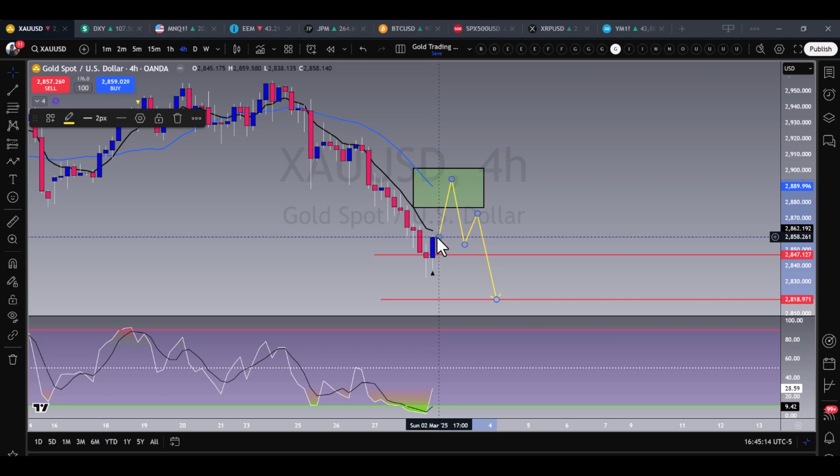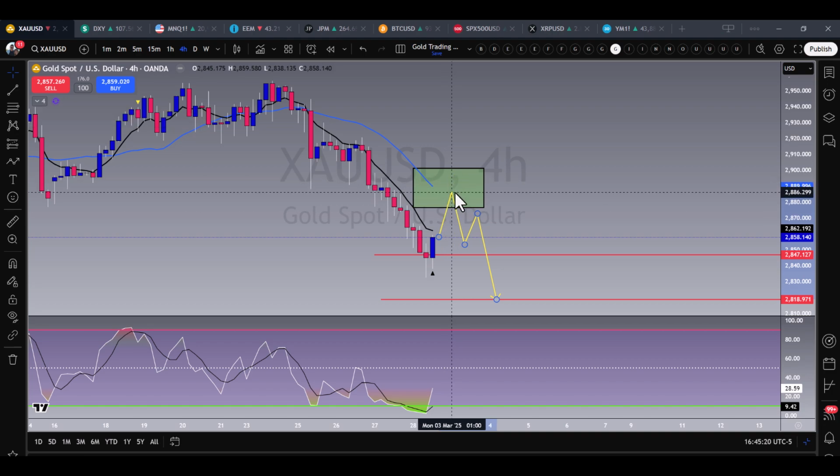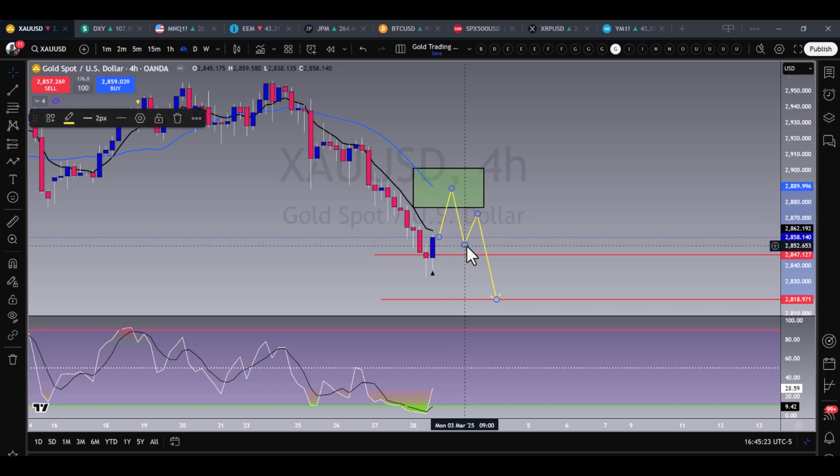We're going to look for a bullish pullback on the opening of the week. Then we're going to look for that bullish move to fade, and then that fade to eventually roll over and break this low here, I think it came down about 28.33. Break that and come down to the level of 28.18 is my outlook for gold.